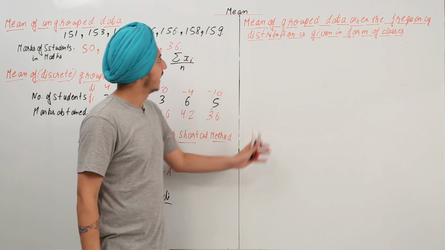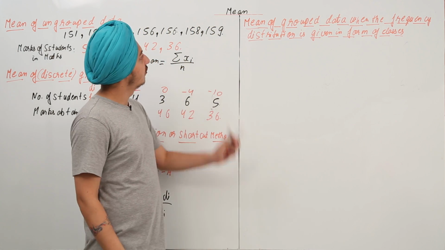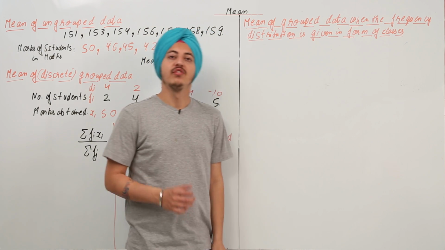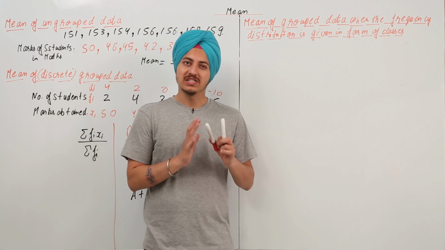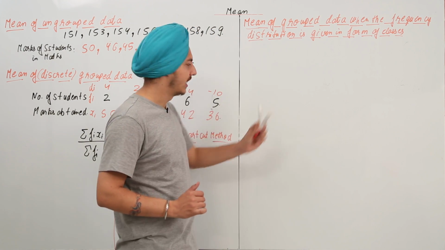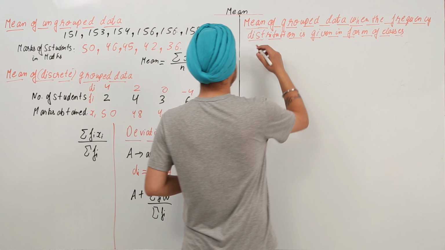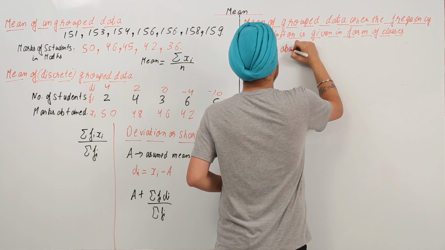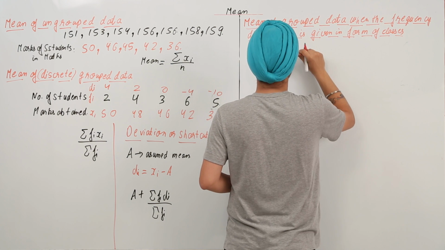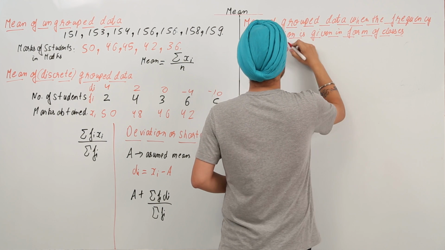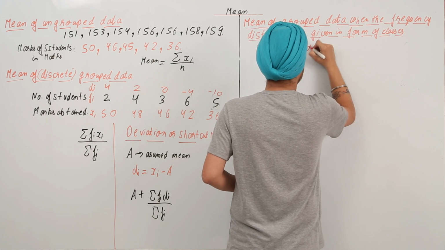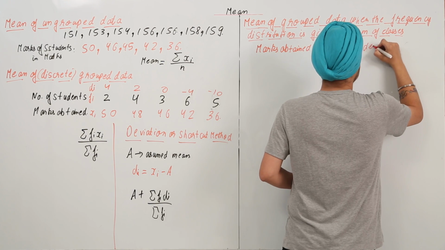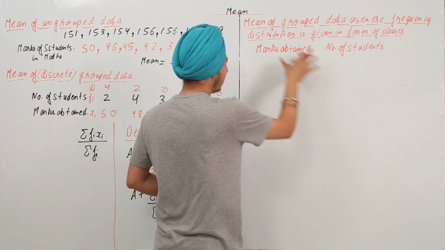Now the third topic is the mean of group data when the frequency distribution is given in the form of classes. Okay, now what is this kind of data? This is another kind of data, and let's say it gives marks obtained and number of students. Rather than making the table like this, I am making a table like this.